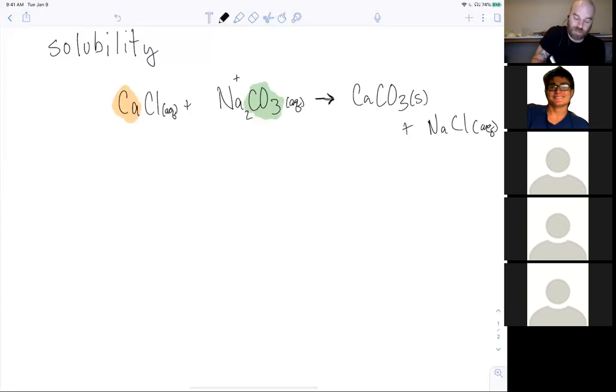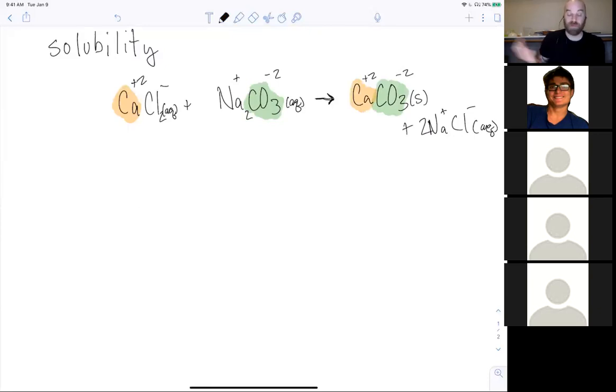Let me go ahead and put in all my charges. So chloride should have a 2. There we go. I think everything's balanced. These two things will come together and form this insoluble salt on the right-hand side. I think just a 2 now will fix this. Okay, now it's balanced.